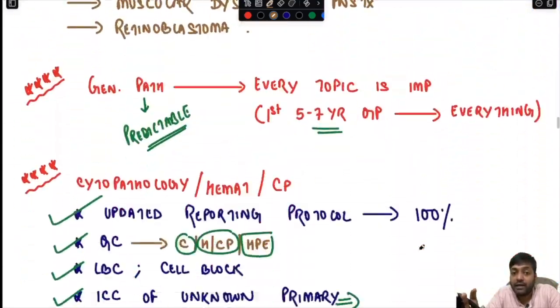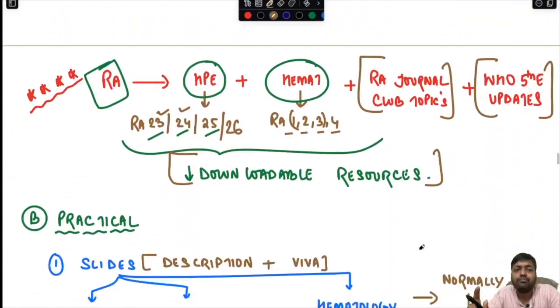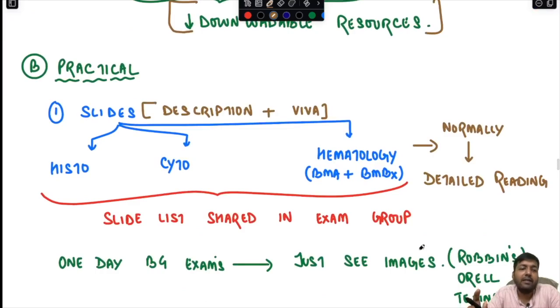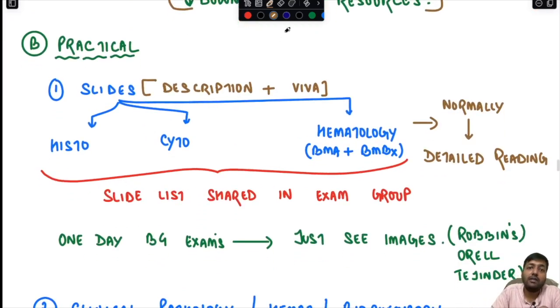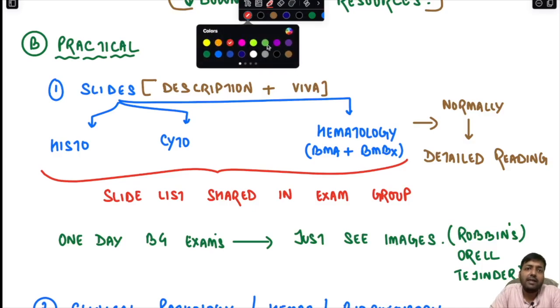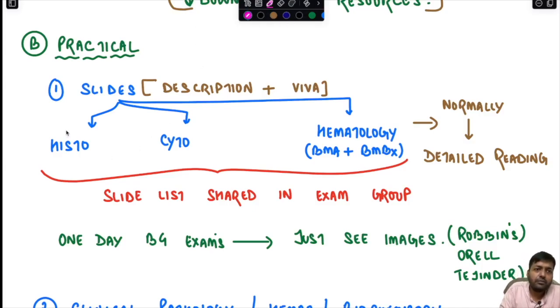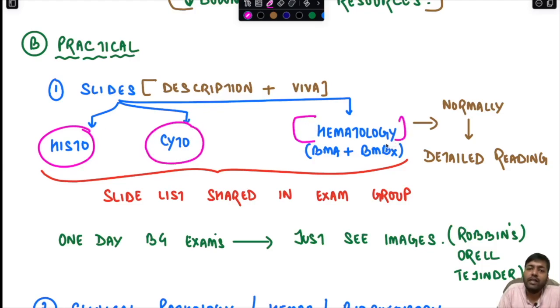Now for your practicals, please pay a lot of attention over here. For your practicals, okay, the first thing is your slides. Remember, the slides asked are histo slides, cyto slides, and hematology slides, including the peripheral blood smear, and including bone marrow aspirate and bone marrow biopsy slides, which can be kept for your exam.